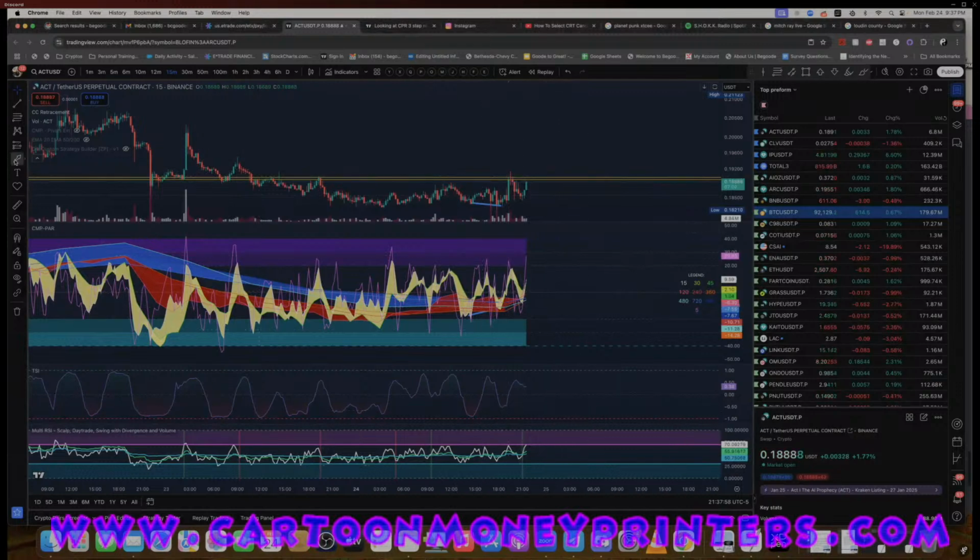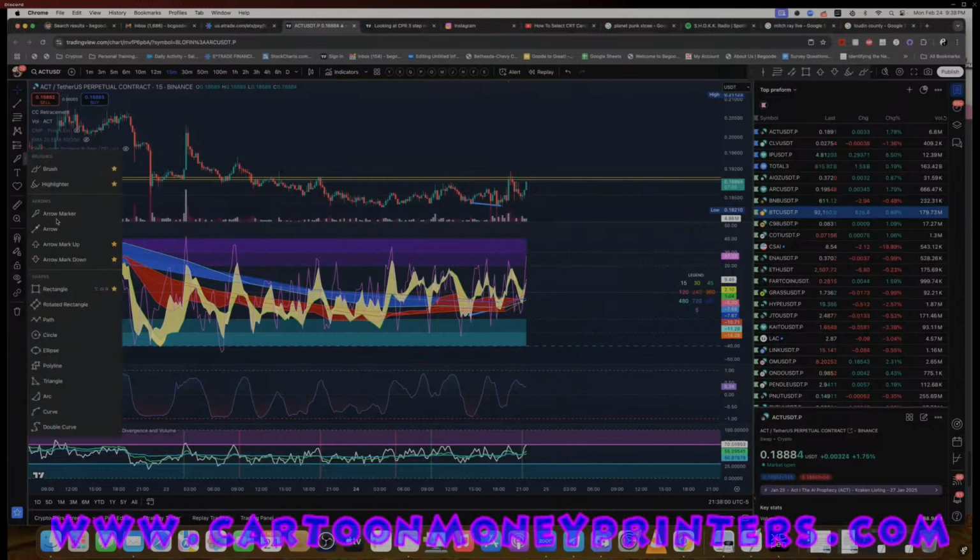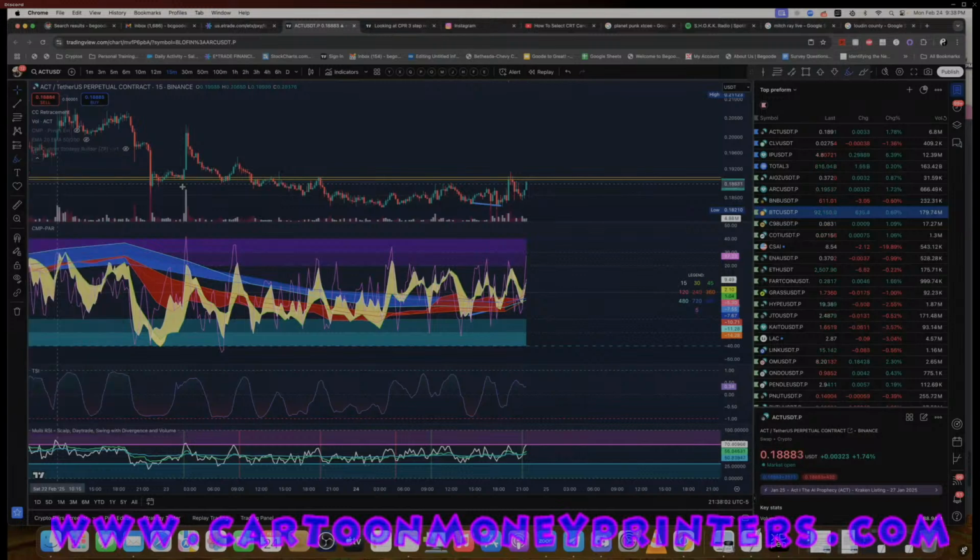So let me just draw something here. And this is not literal at all. Never take my lines literally. But let's say, boom, you get a nice 1530 dip there. I have no idea how deep it's going to go. It could just go below the 0 line and come back up. But this is where I would like to re-enter, or maybe not that deep right here. Goes up.